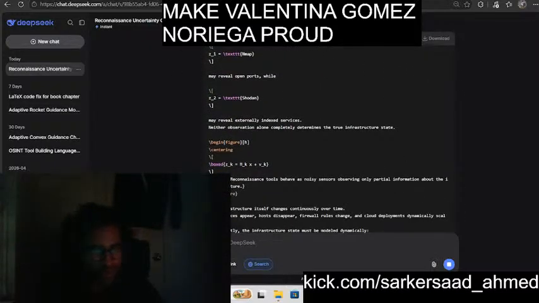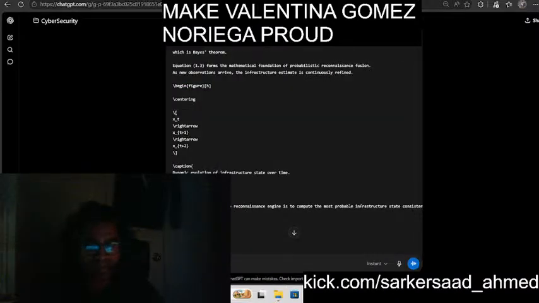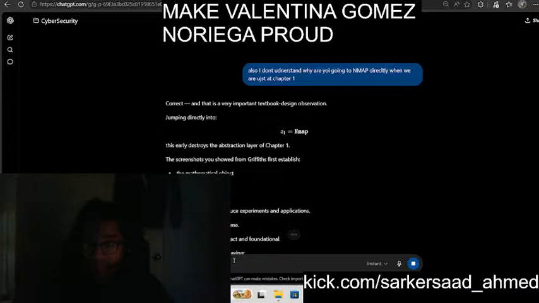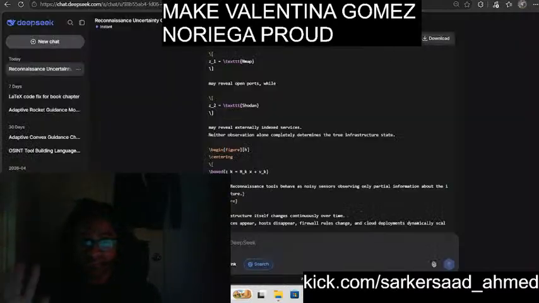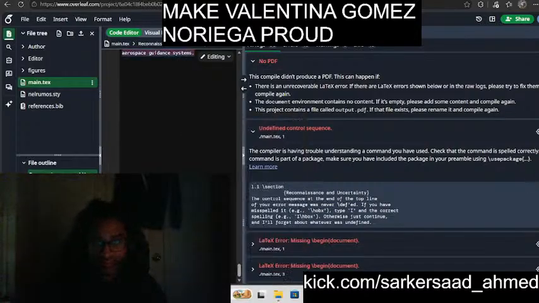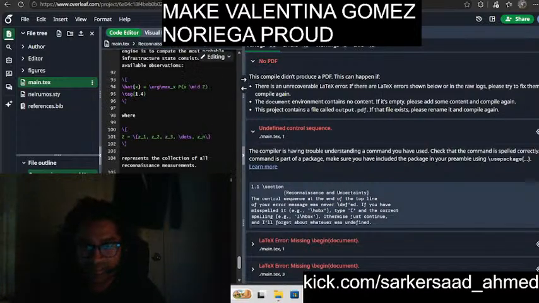I don't know why you're going to nmap. Also, I don't understand why you're going to nmap directly when we are just at chapter 1. It is very weird. Do you see that? This is not good.